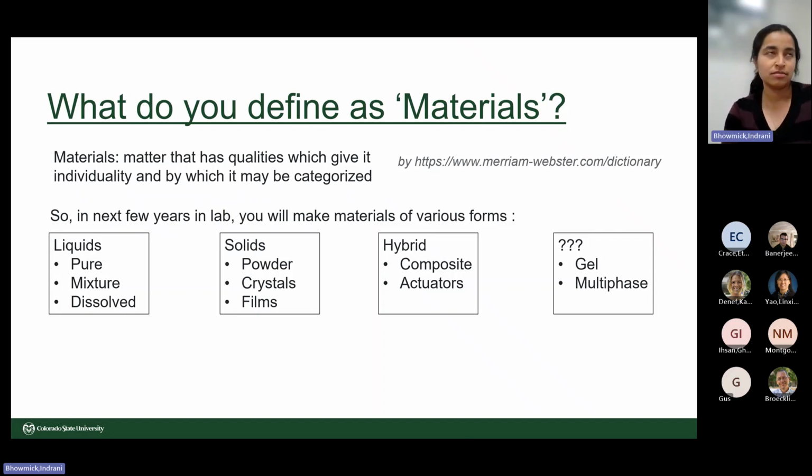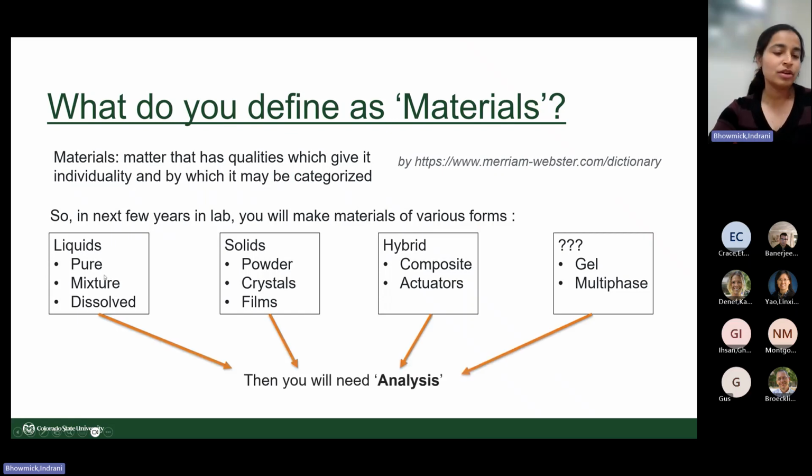So for materials, the whole idea is that you are making things which could be materials of different textures, different forms. Some are liquids, right? So you have pure liquid, mixture, some dissolved liquid, or you have some solids, which could be a powder, a block of alloy. It could be a crystal or thin films, layered thin films, hybrid.